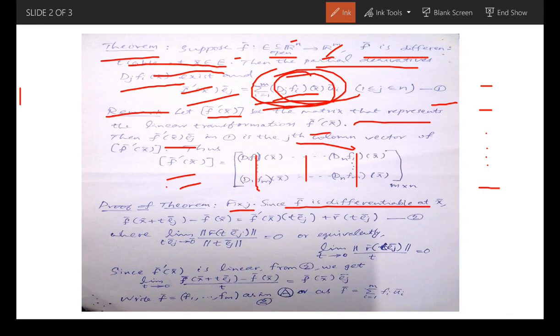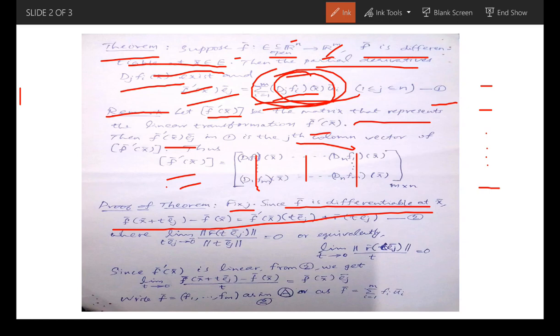You can have such an expression: f of x plus h minus f of x is f dash x times h plus r of h, where limit h tends to 0, norm of r of h divided by norm of h is equal to 0. This is the definition of differentiation. This is true for every h small enough.